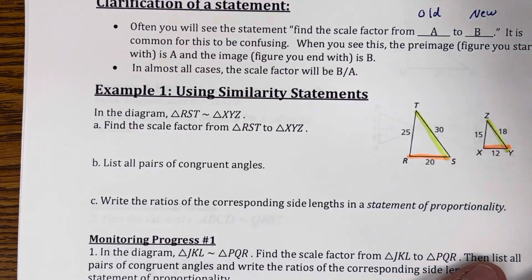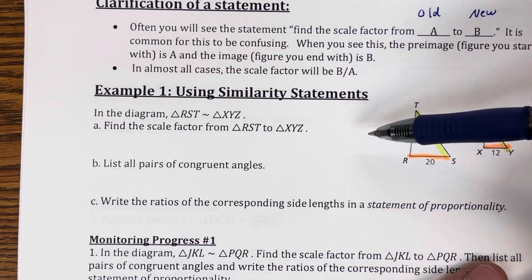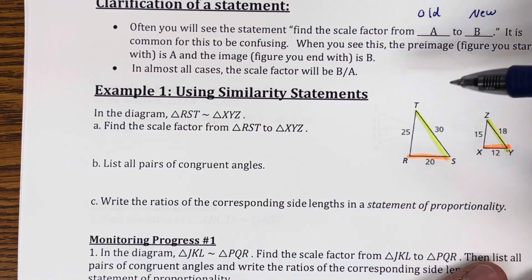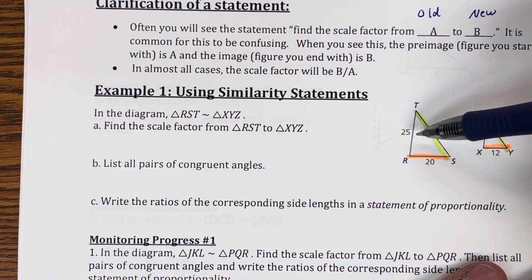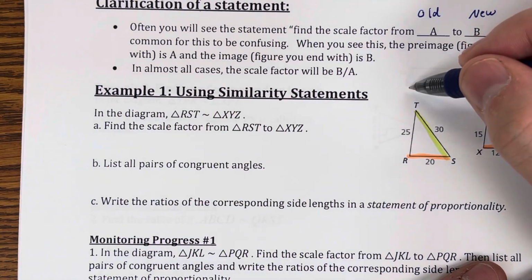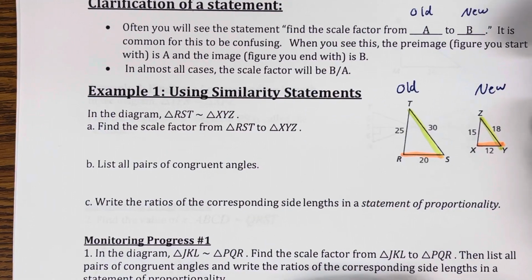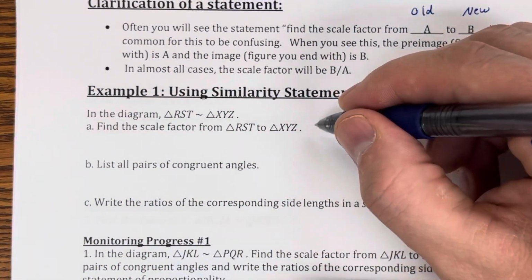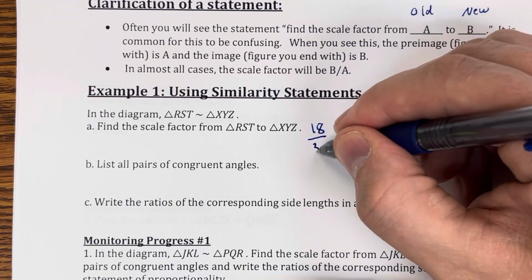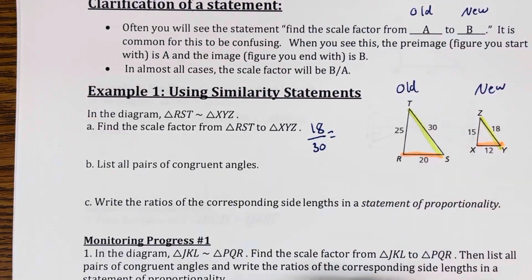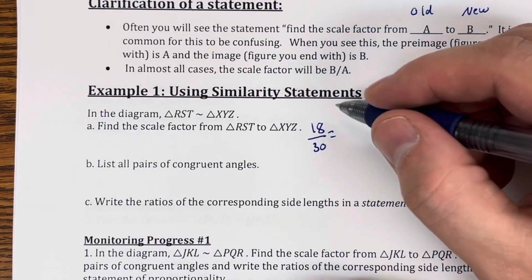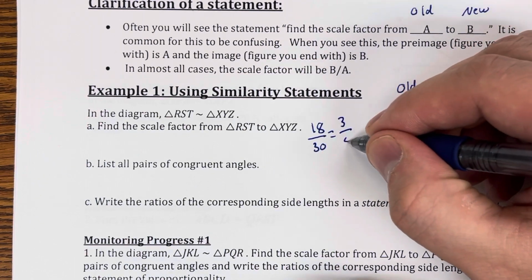So to find the scale factor of RST to XYZ, that means I went from RST to XYZ. So this is the old, this is the new. So the scale factor has to be the corresponding side length. Let's just take 18 and 30. It has to be 18 over 30. And we can reduce that down because 6 goes into 18. That's 3 over 5.